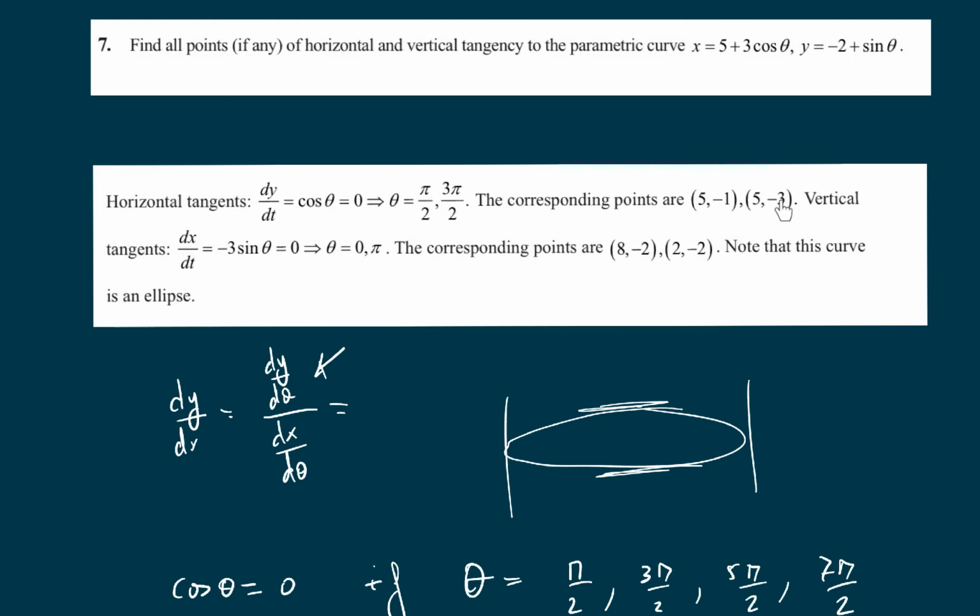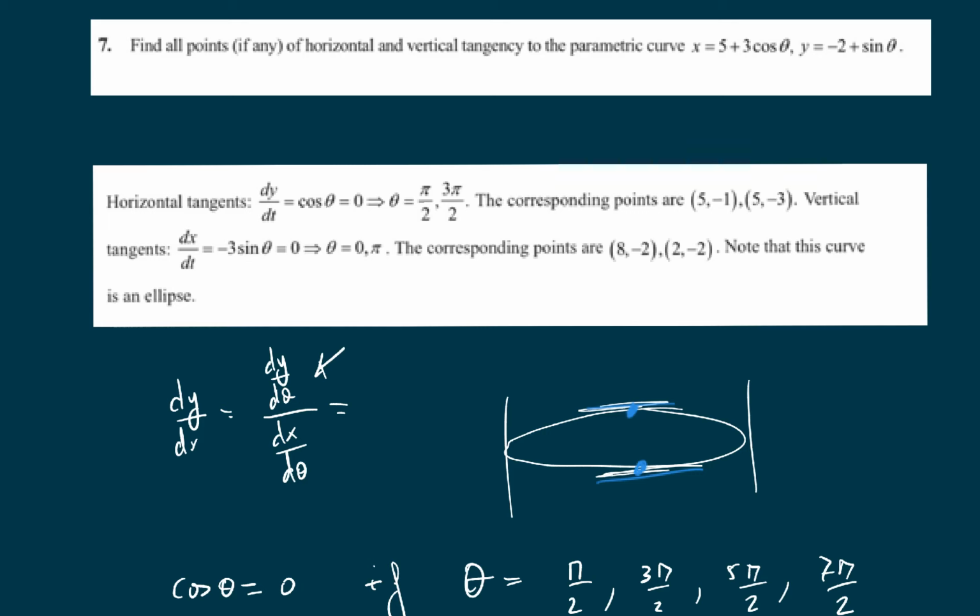So this is the point when theta equals pi divided by 2 or 3 pi divided by 2. So it achieves a horizontal slope at these points. These are the 2 points of the horizontal slope.